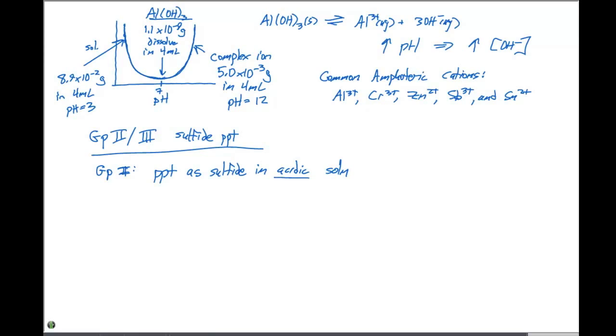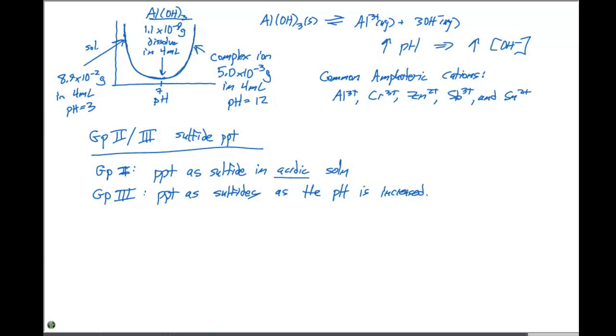The difference between the group 2 and the group 3 cations is that the group 3 cations will precipitate as sulfides as the pH is increased. And the pH at which these sulfides precipitate is going to change when we change the cation.